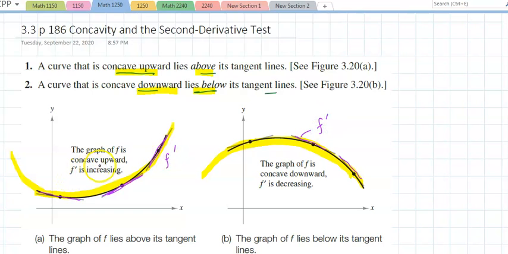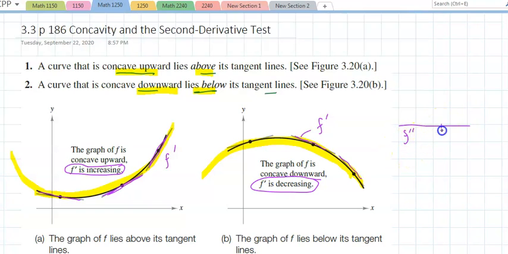So, if the derivative is increasing, we say the curve is concaving up. And if the derivative is decreasing, we say the curve is concaving down. Pretty much identical to saying, let's take a second derivative test, and kind of the same idea.